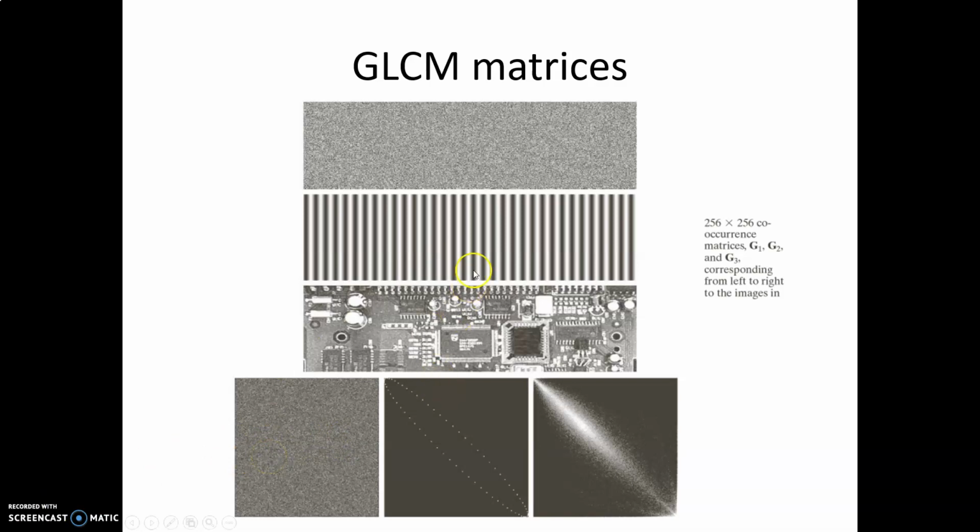Then we have this case in which we have a basically vertical sinusoidal wave that is going on in the image, and we know that a sinusoidal wave would be smooth because the variations that are taking place in the image are going to be smooth. There is always going to be a gray level region lying between the high and the low.